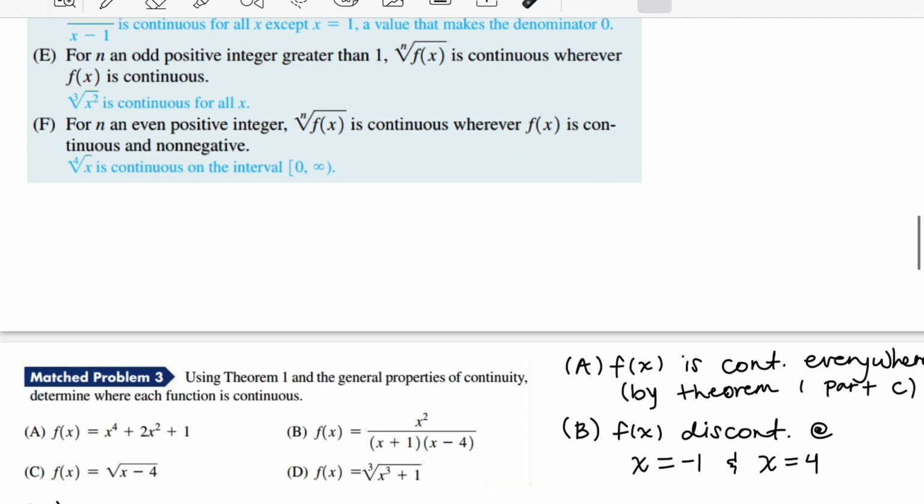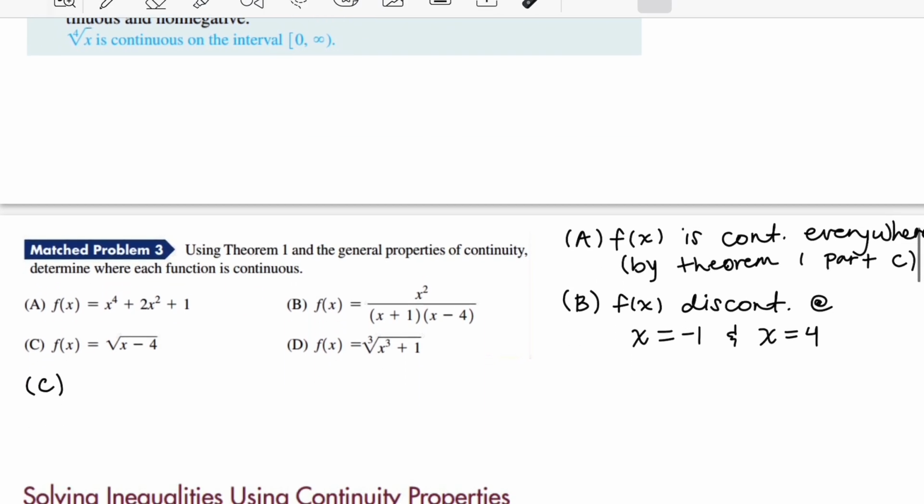So that means our function is going to be continuous everywhere that f of x is continuous and non-negative. And so we know f of x will be continuous on the interval 4 to infinity, because if we plug in 4 for x, we just get the square root of 0. But anything smaller than that will give a negative number in our square root. And so this is the interval that our function will be continuous.